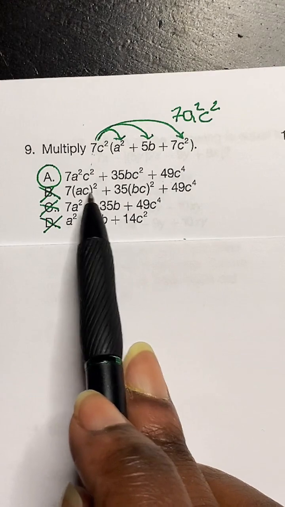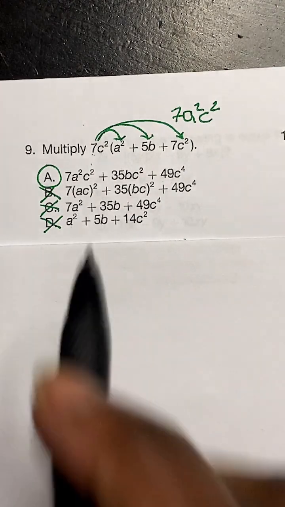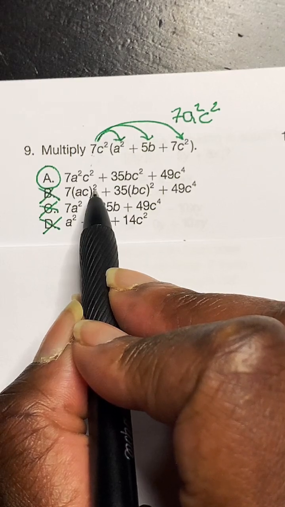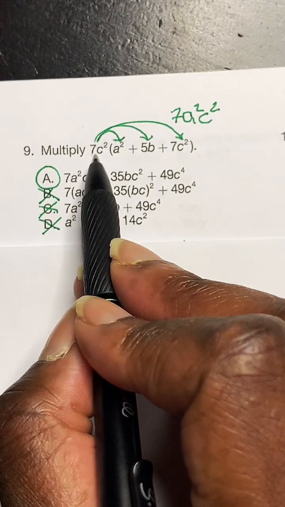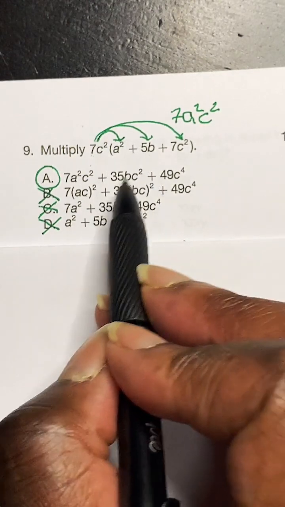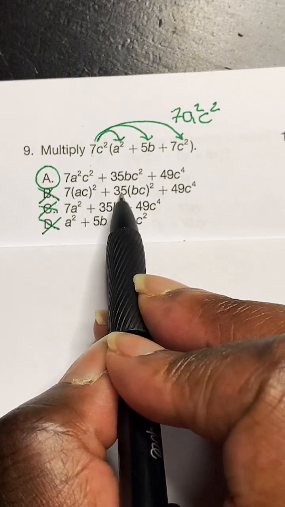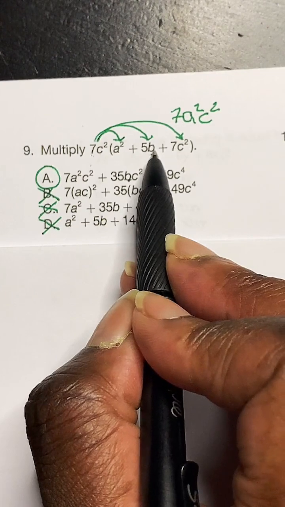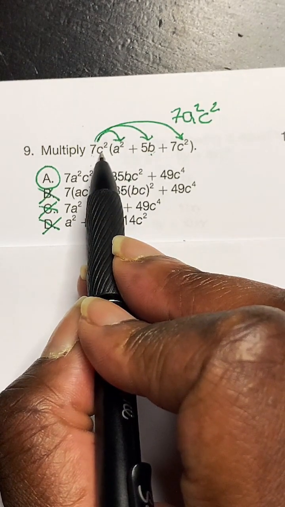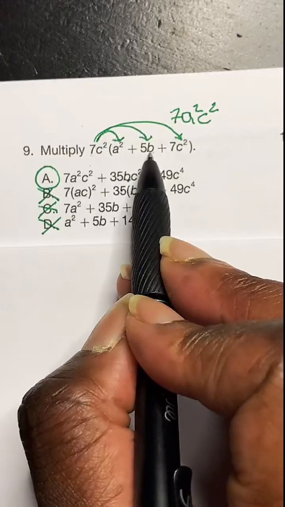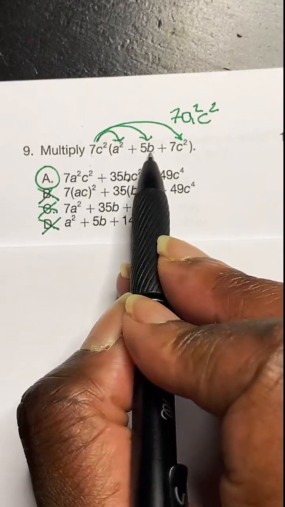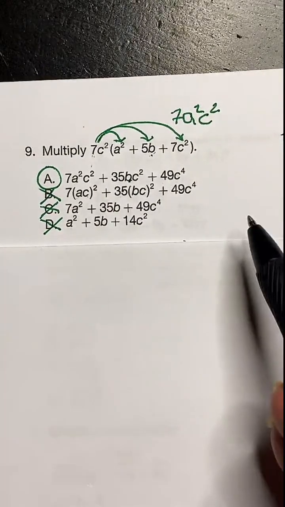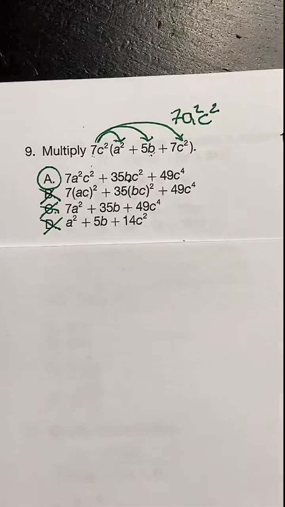Then right here, I should easily cancel out my B, but A and C are both squared, so I can kind of see where they're coming from. But when I distribute that 7c squared to my 5b, it does give me 35. That's what both A and B have. But B is by itself and is not squared. C is squared. The b and the c are not the same base, so we can't combine them. If you can't combine them, just bring them together.